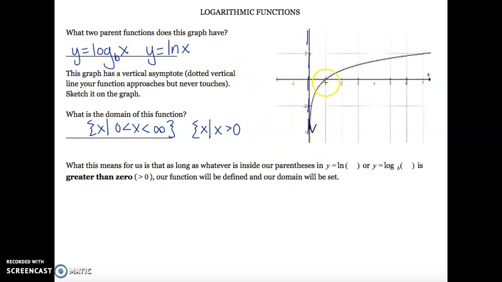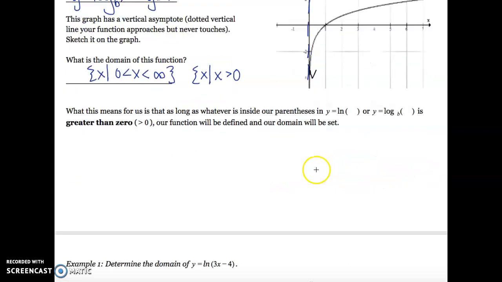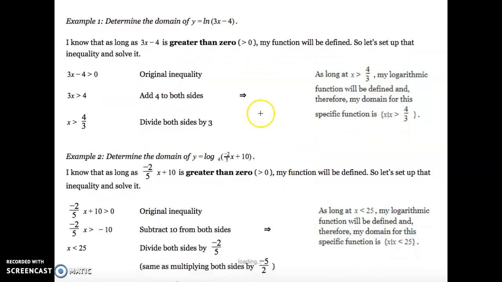This asymptote will go everywhere to the right, but it will never hit 0. So what this means for us is that whatever is inside the parentheses, the natural log of something or log base b of something, as long as that's greater than 0, our function is going to be defined and our domain will be set. So we're going to walk through some examples of logarithmic functions.